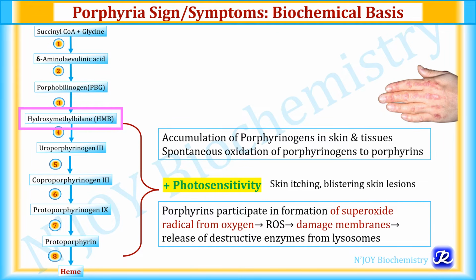These porphyrins participate in the formation of superoxide radical from oxygen, and they are responsible for formation of reactive oxygen species. These reactive oxygen species cause damage to the membranes, and because of that there is release of destructive enzymes from lysosomes, and this is responsible for various skin manifestations and photosensitivity seen in patients of porphyria.